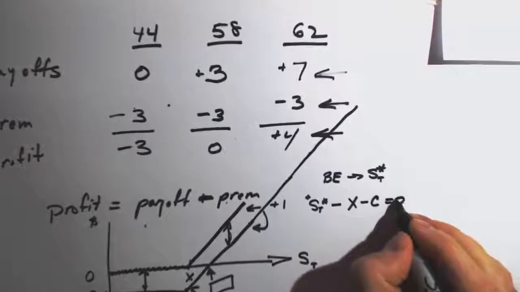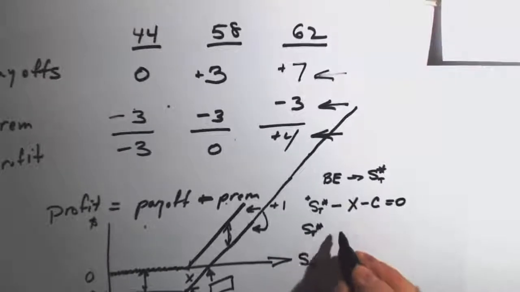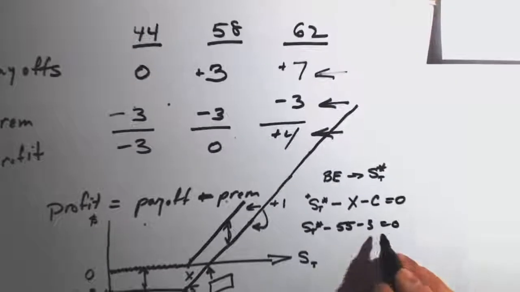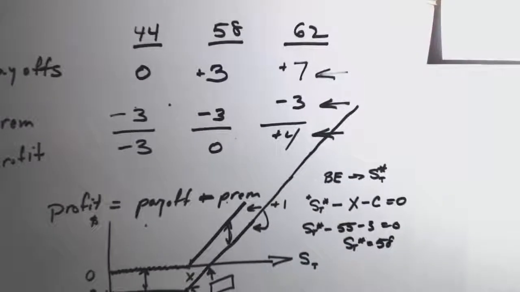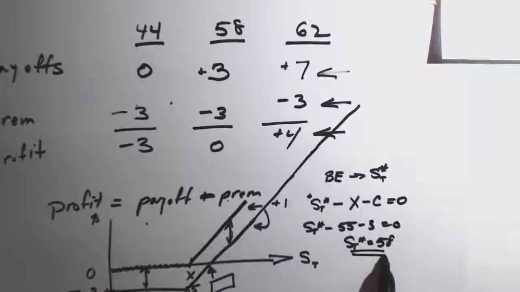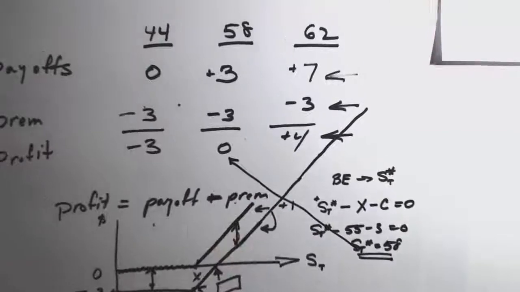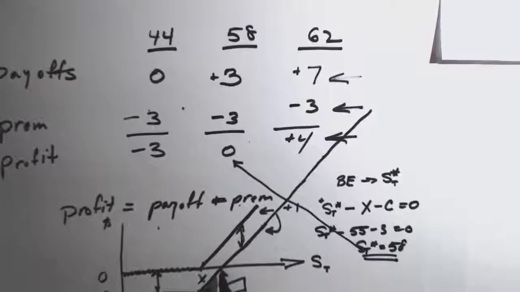That has to equal 0. So you're solving for S_T star, drop the numbers in, and it turns out that S_T star equals 58. At 58, that's where you break even. Wow, we knew that already because we broke even under this scenario at 0 here for the $58 scenario. There it is graphically.